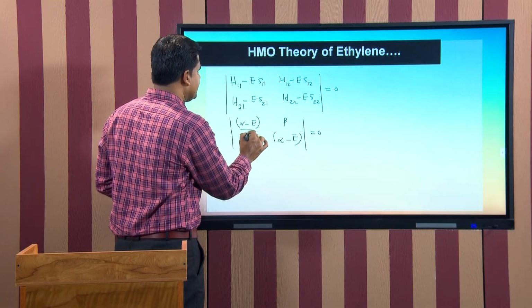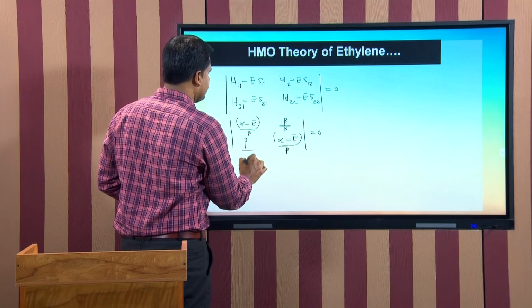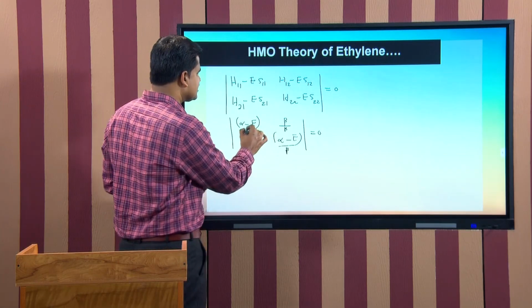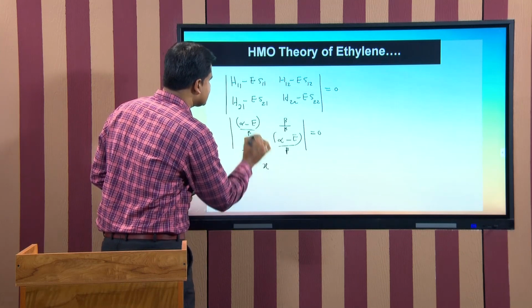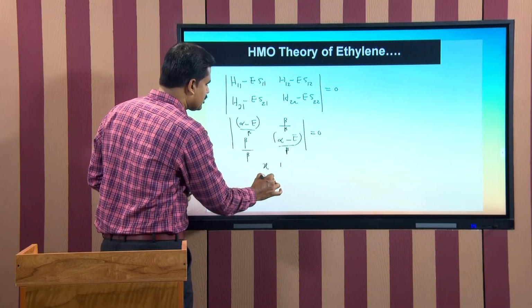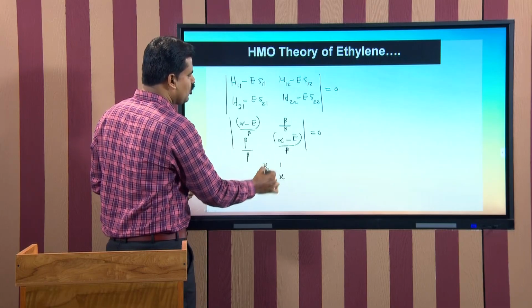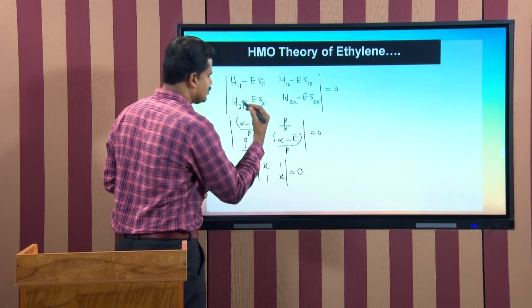Now we have to take further simplification by dividing each element by beta, and putting alpha minus E by beta equal to x. So this determinant takes the form x, beta by beta is equal to 1, beta by beta is equal to 1, and x. So x, 1, 1, x. This determinant is equal to 0.